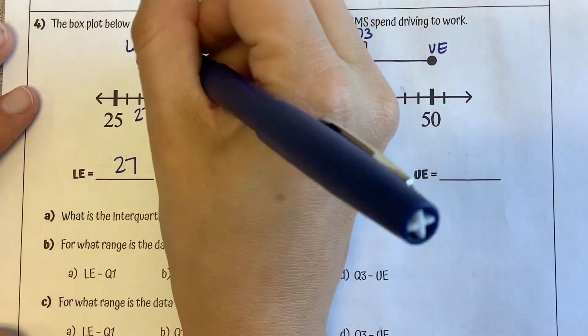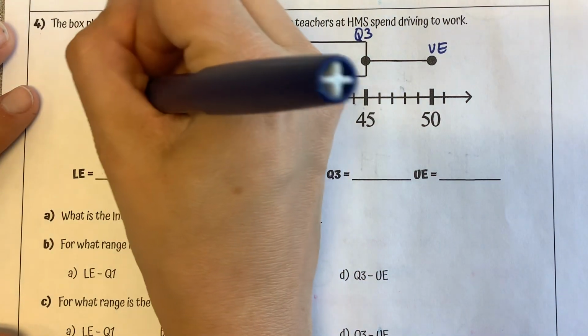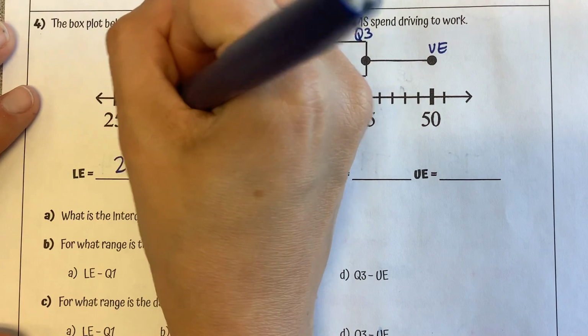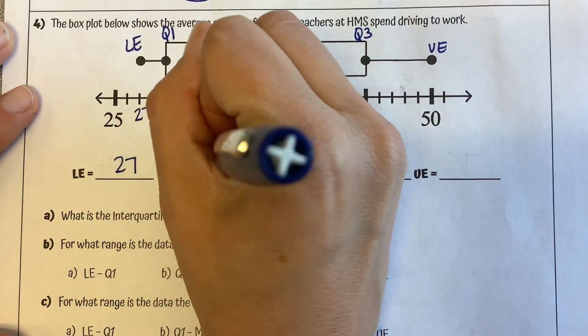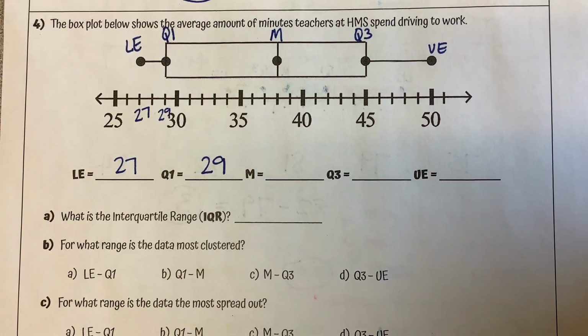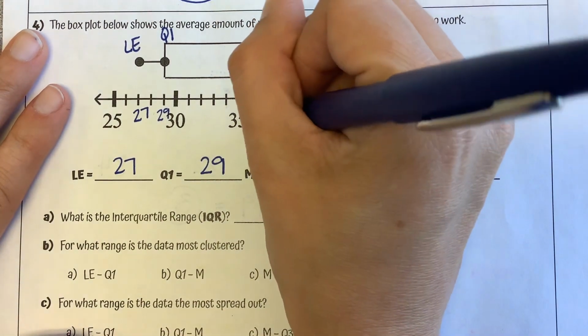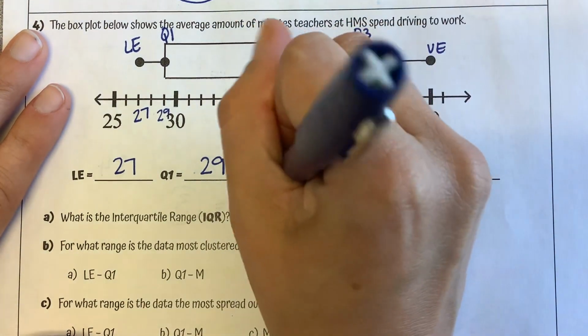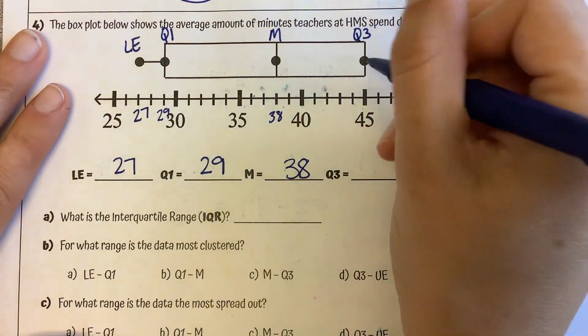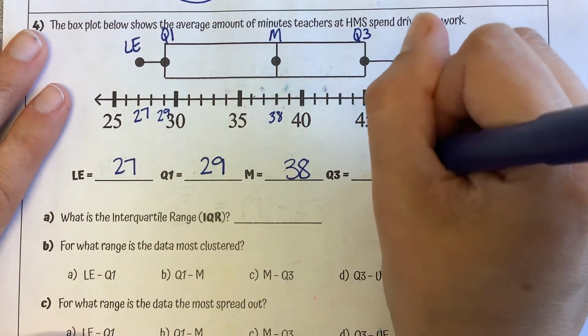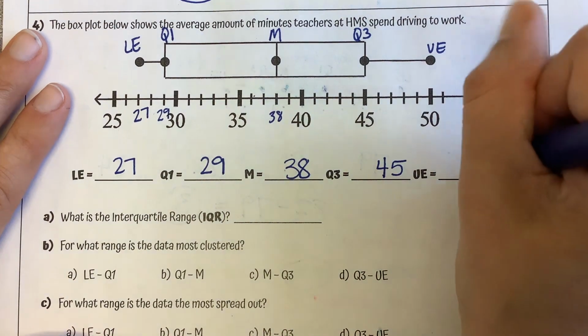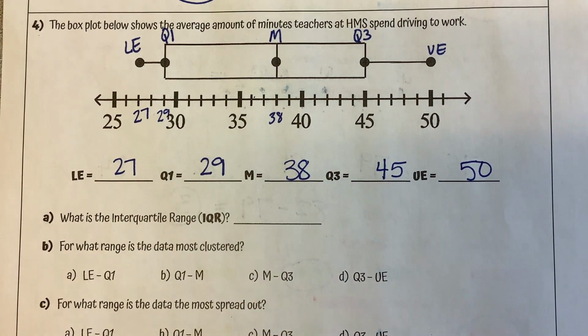For our Q1, we've got 25, 26, 27, 28, 29. For our median, 35, 36, 37, 38. Our Q3 is right at 45. Our upper extreme is right at 50.